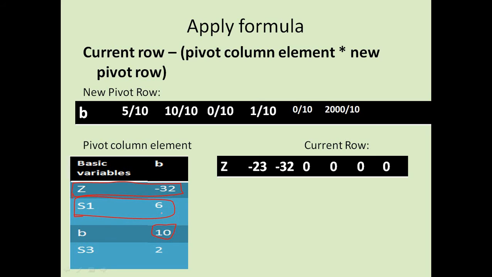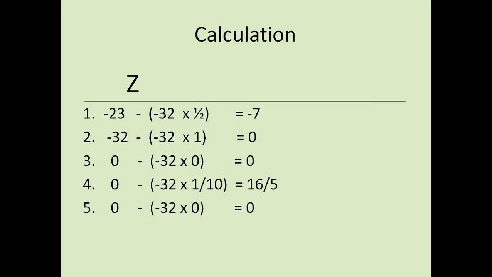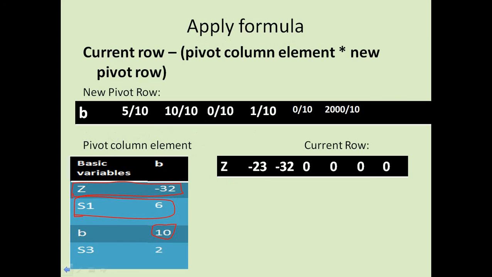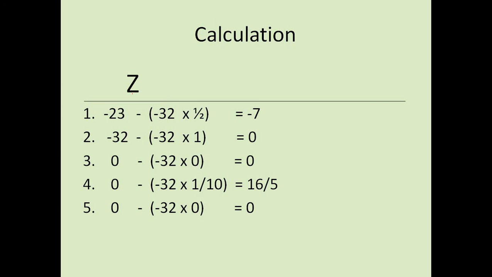When you find this for S1, 6 would come as such. When the calculation is for S3, the corresponding pivot column element value would come. The S3 value is 2, so 2 would be replaced in case of minus 32, where I've done the calculation of that. So for S2 and S3, all those things would come.